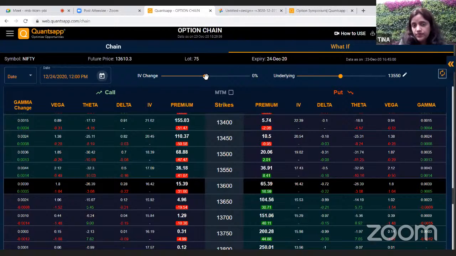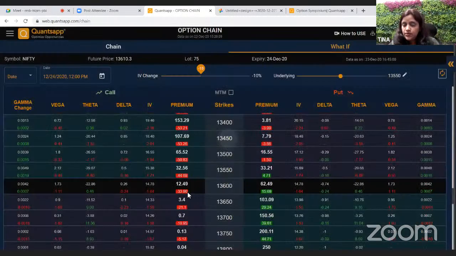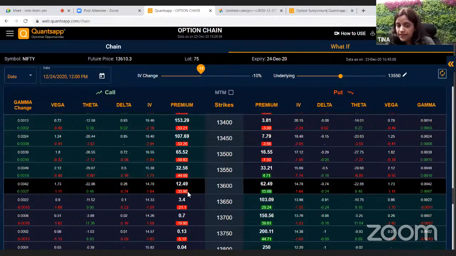We know that after the RBI policy the Nifty or Bank Nifty can give a 200 points jump. Also I see that the IV can fall by 20%, right. Because of the RBI policy the IV has shot up, once the RBI policy is gone the IV will crash, so what impact will that crash have? So if I say the IV falls by 10%, you will see how the prices are behaving.